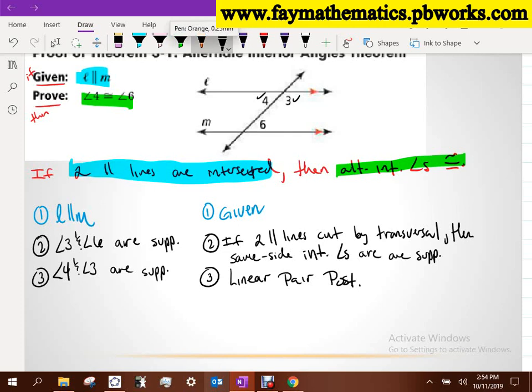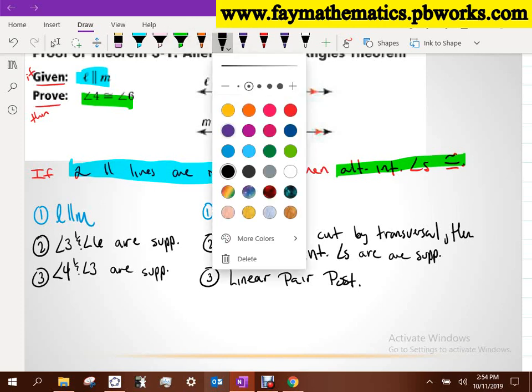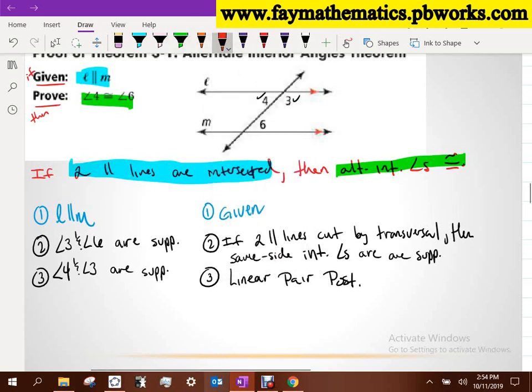In the past, if we had two things that were supplementary, two sets of angles that are supplementary, didn't we then say that the measure of angle 3 plus the measure of angle 6 was equal to 180? Do you remember doing that? That's coming from this first statement up here. And that was because of that vocabulary.